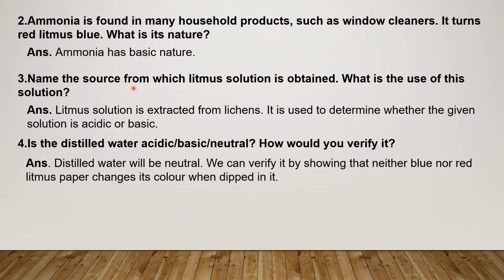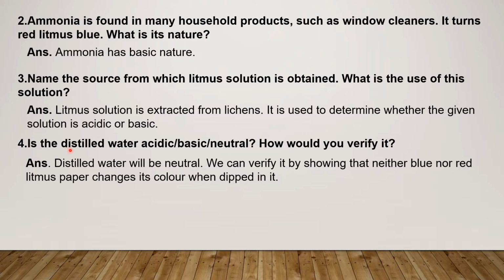Third question, name the source from which litmus solution is obtained. What is the use of this solution? Litmus solution is extracted from lichens. It is used to determine whether the given solution is acidic or basic.